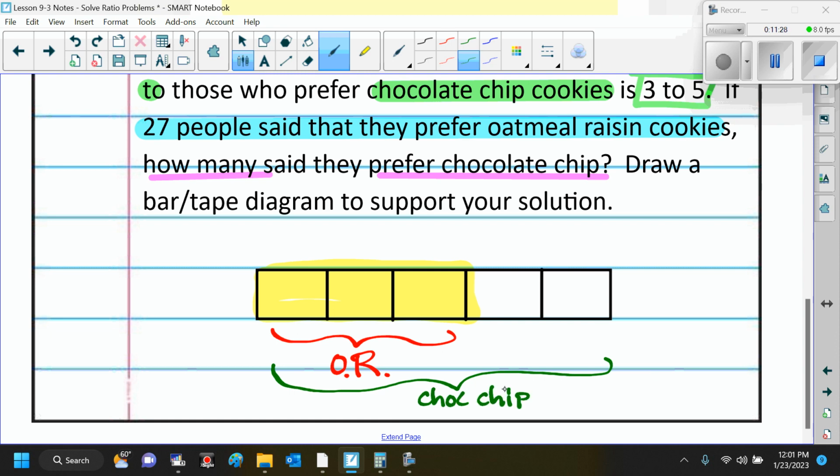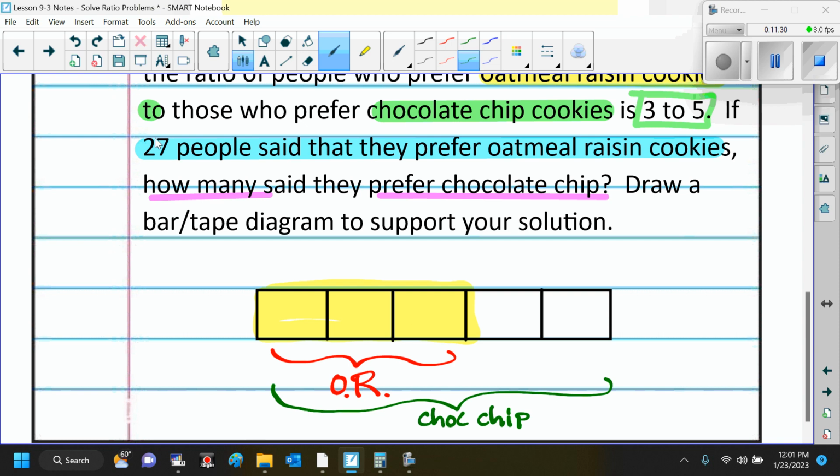Everybody with me? Now, it says 27 people prefer oatmeal raisin. So, this is oatmeal raisin, and that's 27 people. How do I know what number goes in each of those boxes?